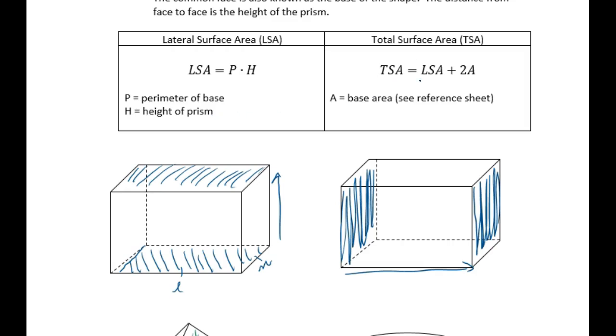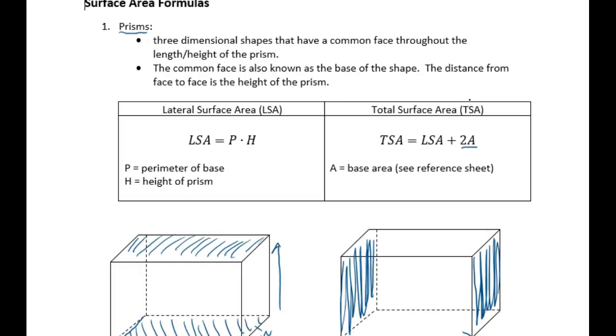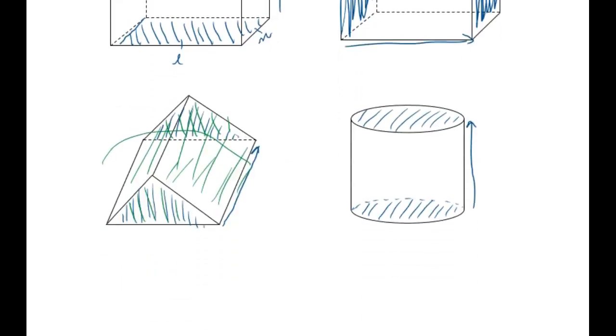For total surface area, we use the LSA, and then we add 2 of our bases, so 2 times the area of the base. Again, we can go back to that reference sheet and use our formulas for the area of the base, whether that's a rectangle, a triangle, a circle, or a hexagon. You can do that same thing for any kind of prism you're dealing with.